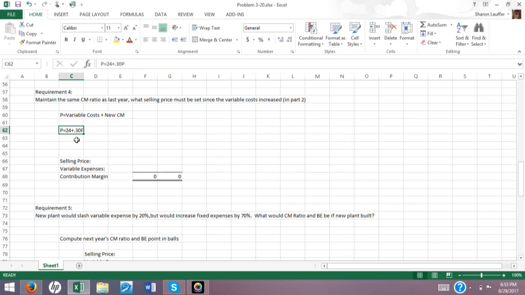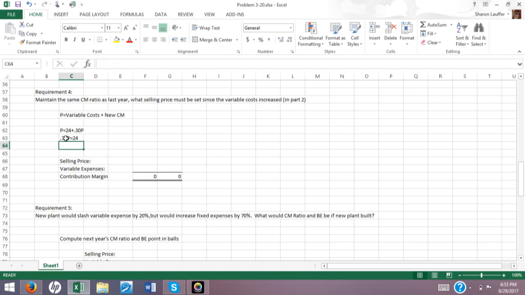If we did the math on that, we'll work through it step by step. We would move the 0.3P over to the left-hand side. That would mean we had 1P on the left, minus 0.30P, which gives us 0.70P equals 24.